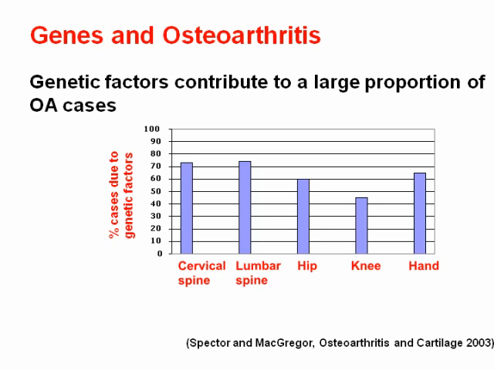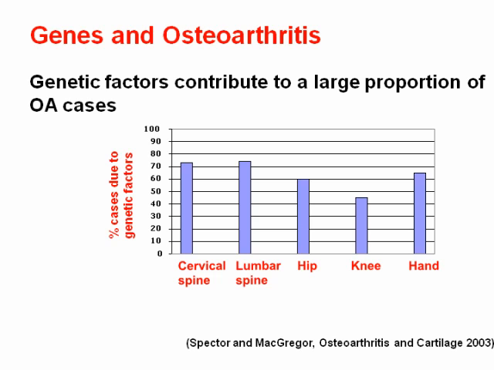This is a graph that I took from a publication from Tim Spector, where they look at genetic factors in osteoarthritis cases in different joints. The bar graph shows you the percent of cases that are due to genetic factors.